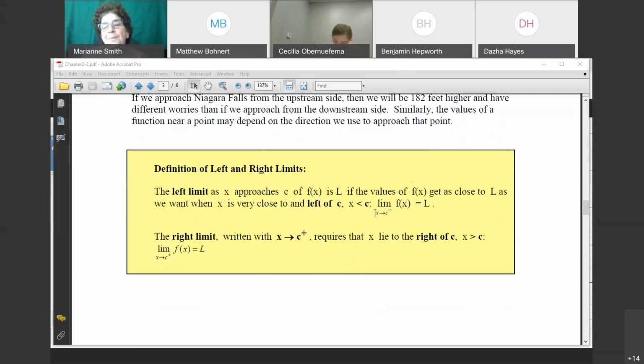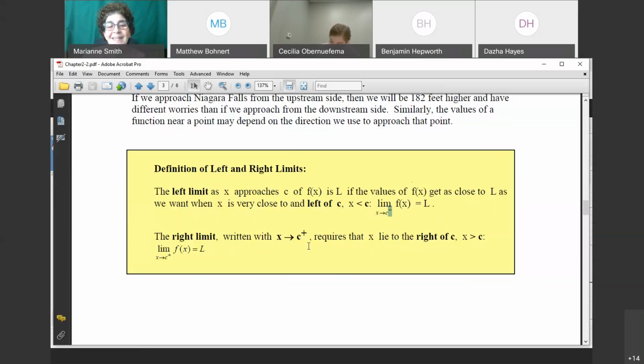Now take a look at the limit as x approaches c from the left. Everybody see that little negative sign written as a superscript? That means you're approaching c from the left-hand or the negative part of the x-axis, okay? From the left means you're going from negative towards positive, okay?